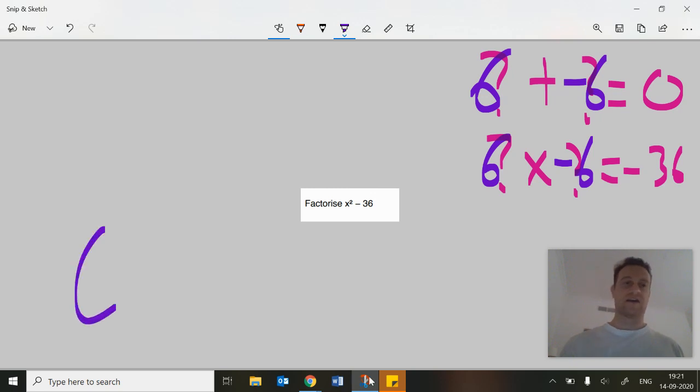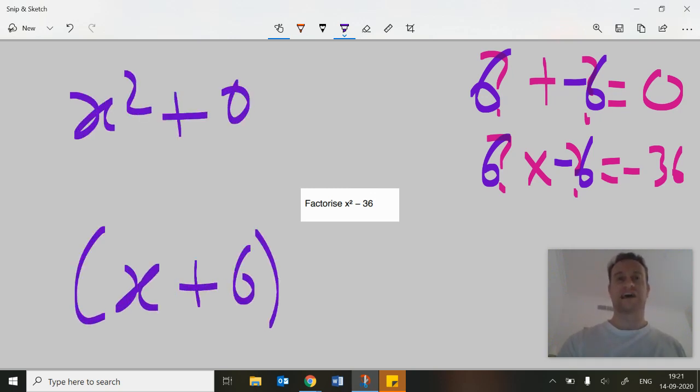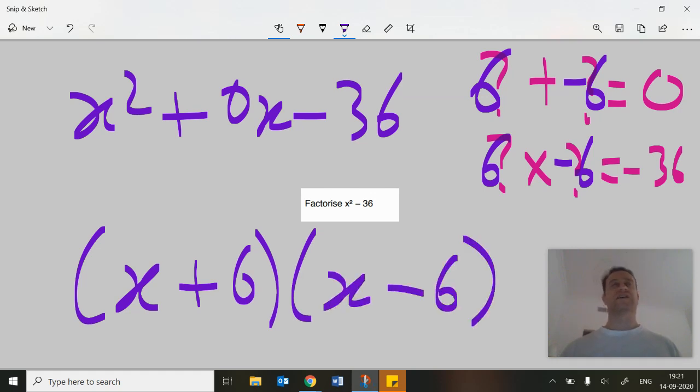So that's another way of doing exactly the same thing, if we imagine this is x squared plus 0x minus 36. The same puzzle format still works. It's just that this turns up so often in mathematics that it's a really common format.